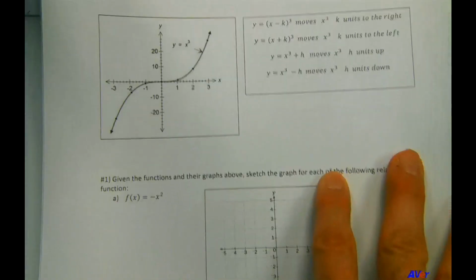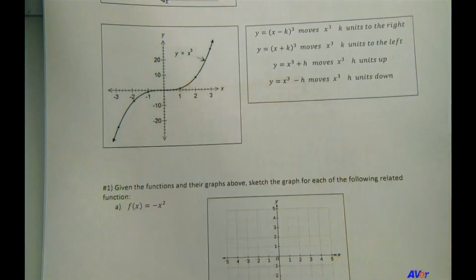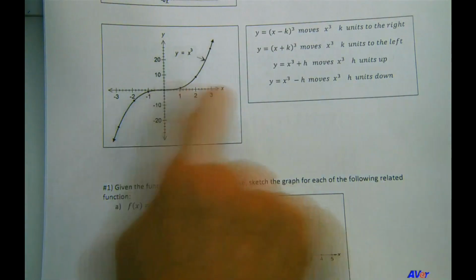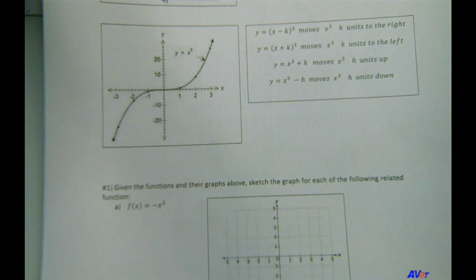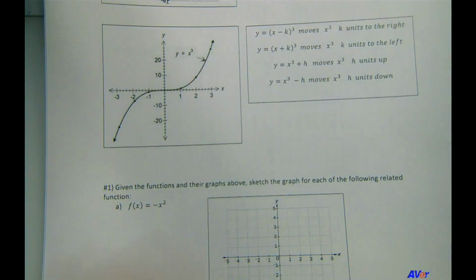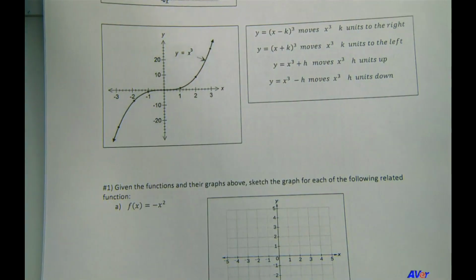And of course, one of the main functions is the cubic function. Y equals x cubed has this particular graph, and we will be talking about how this can be moved within the xy plane.